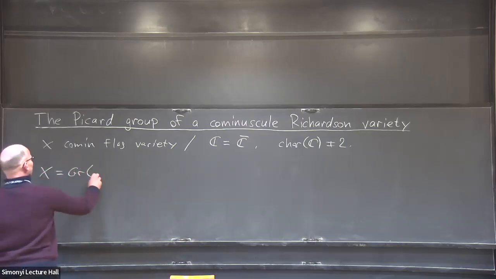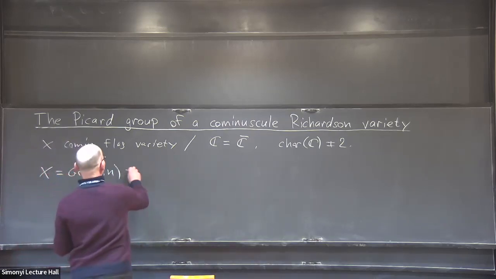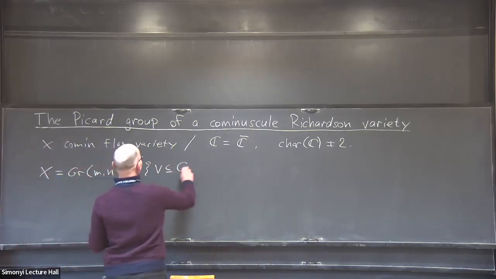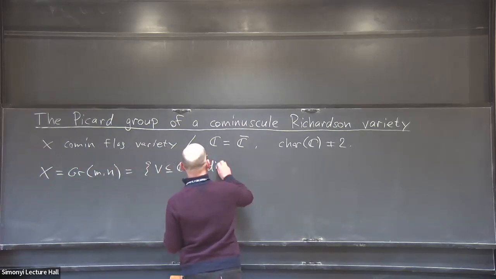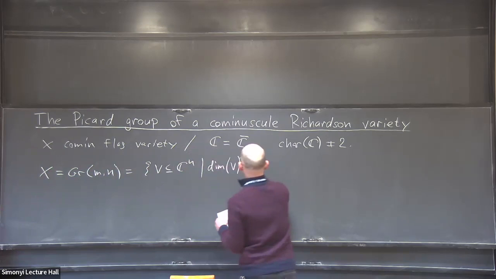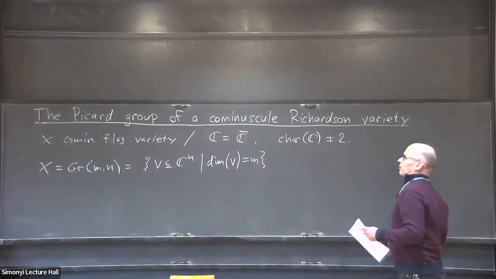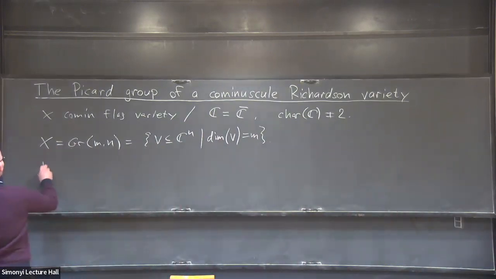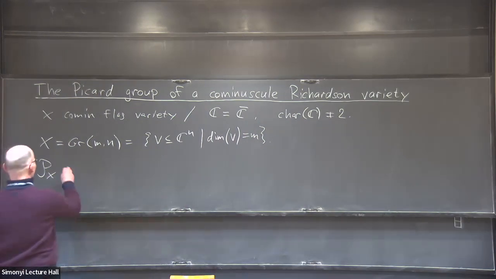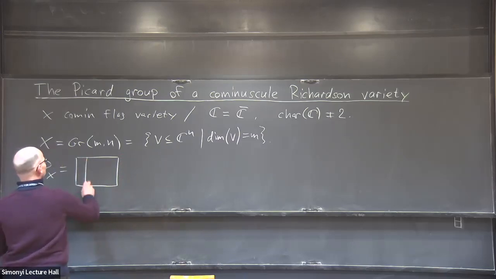So, the Grassmannian of m-planes in C^n. It's the set of all V inside C^n, where V is an m-dimensional vector subspace. So the combinatorics of this variety is very much given by the corresponding poset. I'll call it script P_X.